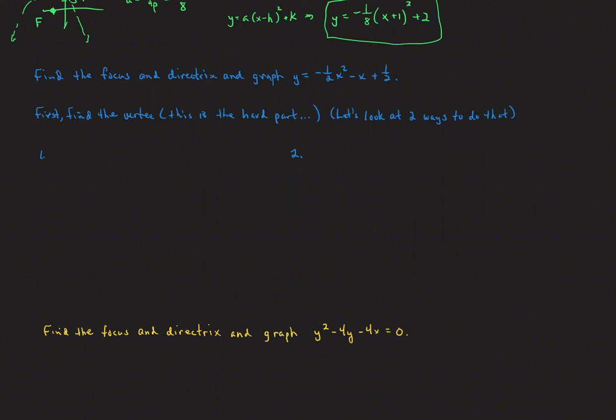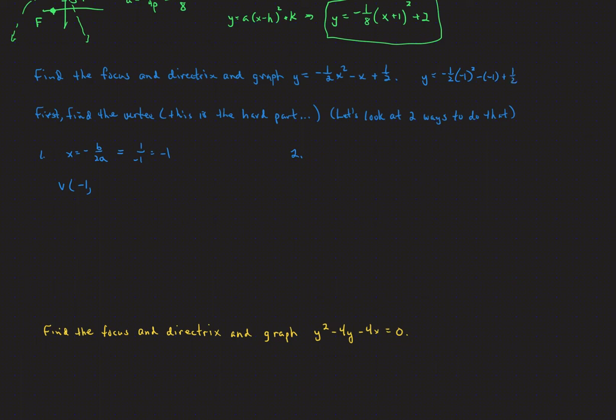One is, if you remember, that x equals negative b over 2a is going to give us the x-coordinate of the vertex. So negative b is going to be a positive 1, 2 times negative a half is negative 1, so that makes the x-coordinate of the vertex negative 1. We'll plug that into our function, so we'll get y equals negative 1/2 times negative 1 squared minus negative 1 plus 1/2.